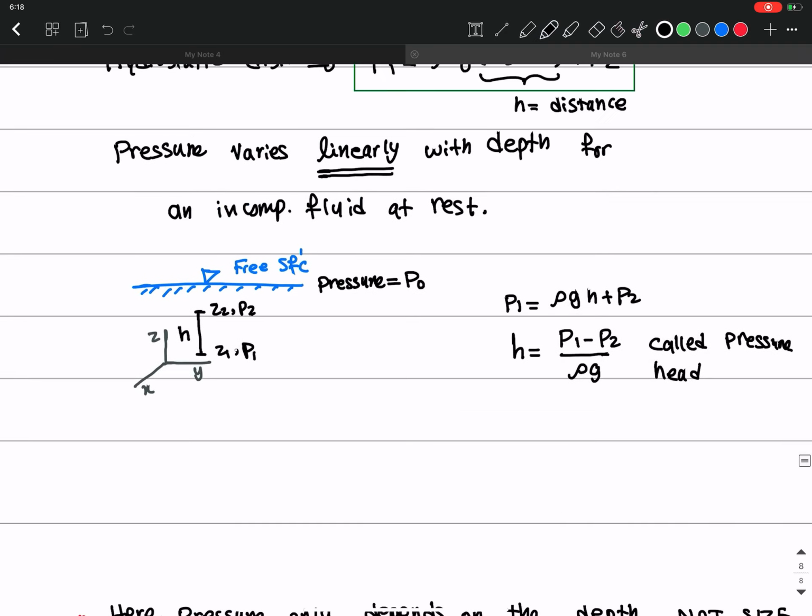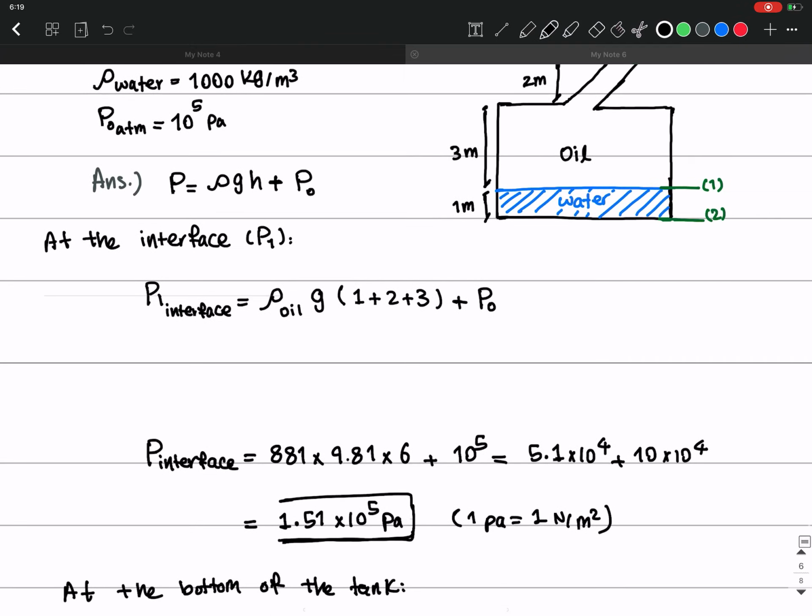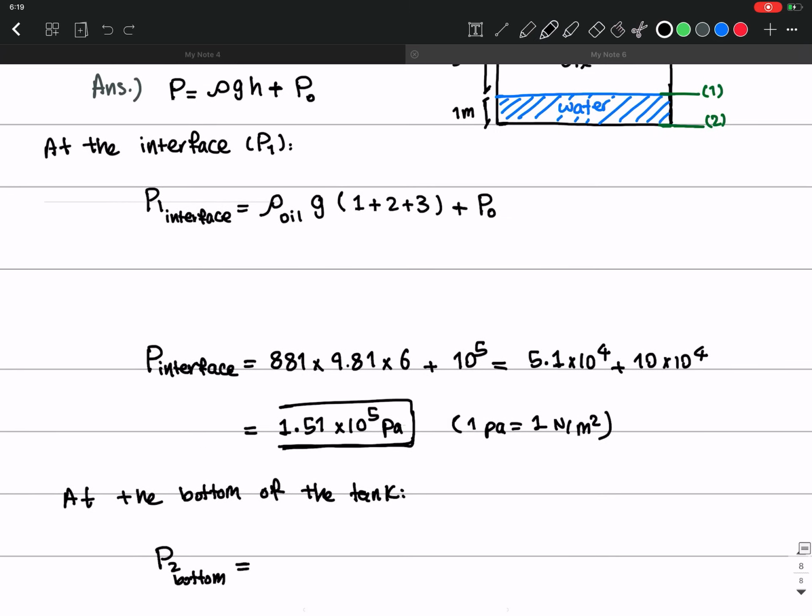Based on the formula we had, it is going to be rho g (z2 minus z1) plus P1, the P at the interface.